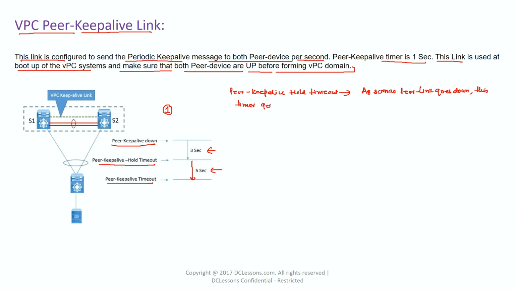This timer gets activated, right? And during this time period, I mean of between 3 seconds, the secondary switch will ignore any of the keep alive message.